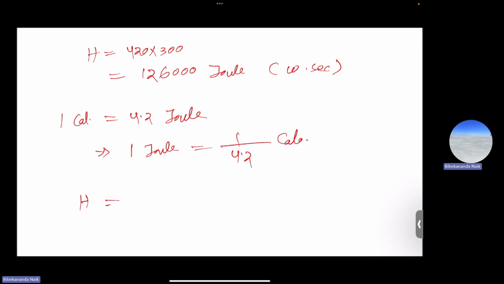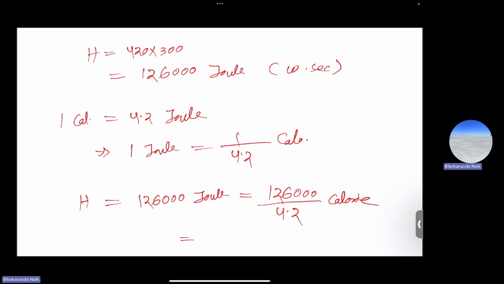So H will be 126,000 joule, which is equal to 126,000 divided by 4.2 calorie.